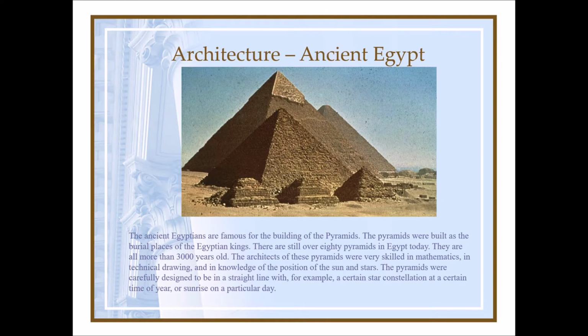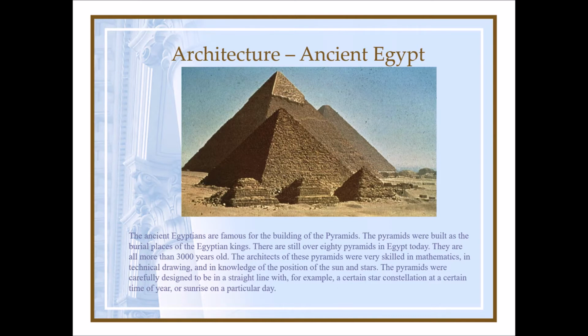The architects of these pyramids were very skilled in mathematics, in technical drawing, and in knowledge of the position of the sun and stars, because the pyramid is believed to require astronomic knowledge to build.